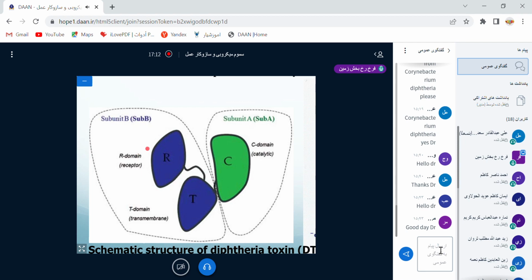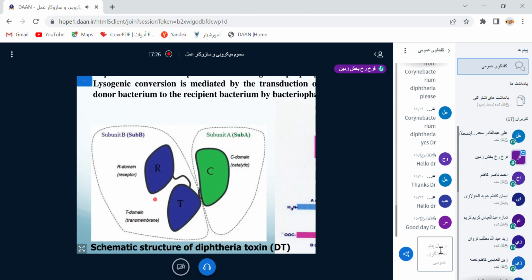The B subunit helps with attachment of the toxin, and the activity of the toxin is related to subunit A. So it is the catalytic site. Subunit A is the catalytic site.